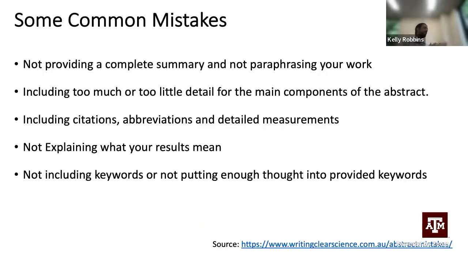One thing that was a little eye-opening for me is after refreshing myself and looking at what makes a good abstract, I started going through and reading a lot of abstracts, and it was surprising, both in abstracts that I've written for my papers, and just generally looking through the literature.